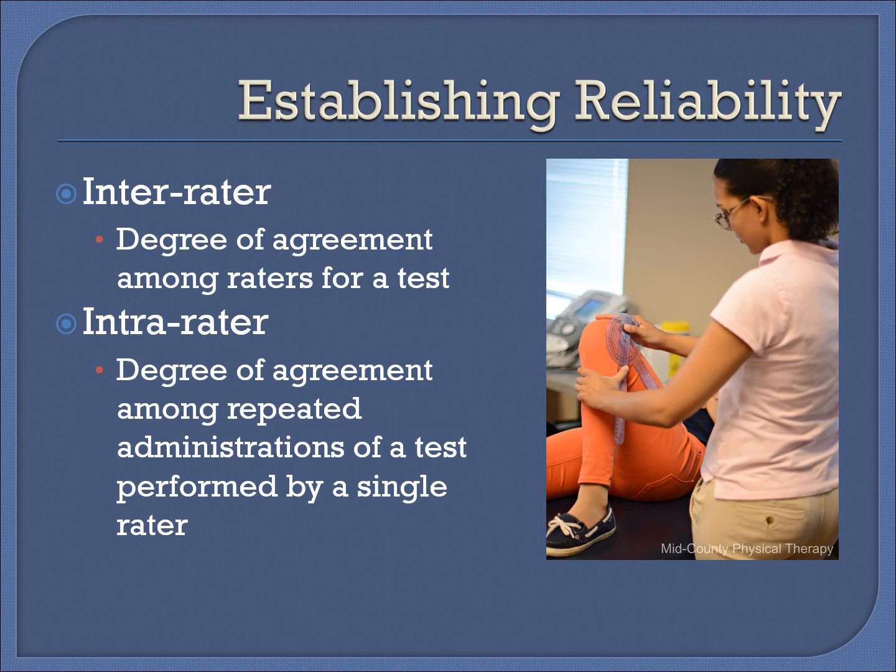These are 2 very important components of reliability. Inter-rater reliability is especially important if you're working in a clinic where many different physical therapists may be interacting with the same patient. We want to ensure that those measures obtained by different clinicians are stable, especially in a population that's not changing over time.